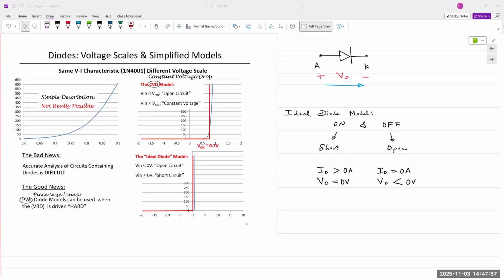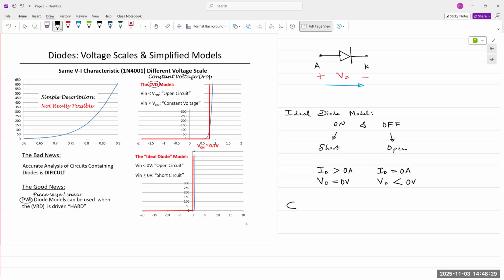All right. Okay. So the CVD model, constant voltage drop. We'll get to these graphs in a minute once I finish with the explanation. The CVD model is exactly the same as the ideal diode model, especially in the off state. So in the CVD model, when the diode is off, it is an open. That means it does not allow any current to flow through. No current flowing through. ID is equal to 0.